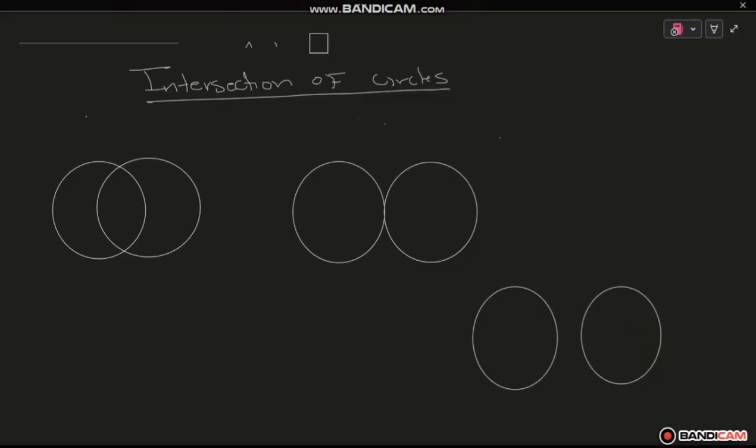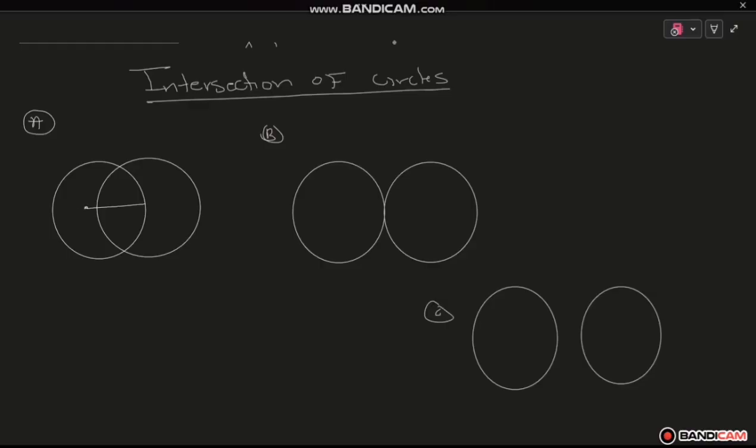Okay, so let me try to erase these parts here. Now let's say this is option A, this is option B, and this is option C. Let me indicate the radius, line drawn from the center to the radius. So this is the center, but let us make it a little bit short.